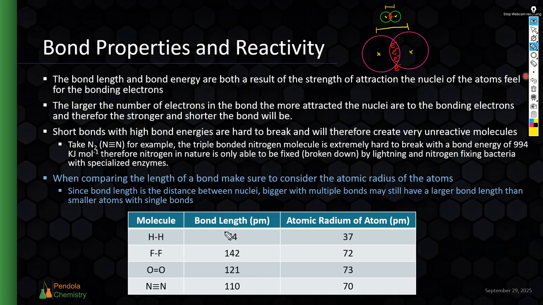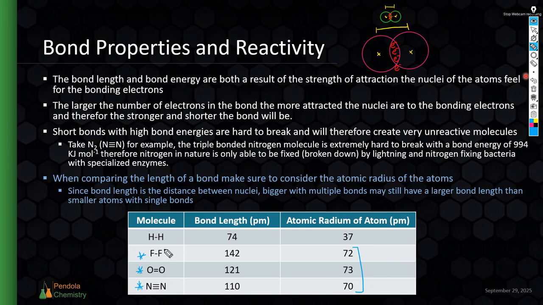So, for example, we could compare the single bond, let me do this in a different color, in fluorine to the double bond in oxygen to the triple bond in nitrogen. Why? The atomic radius of fluorine, oxygen, and nitrogen are similar: 72, 73, 70 picometers.